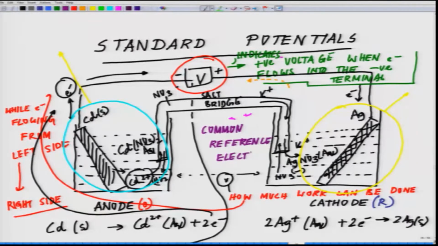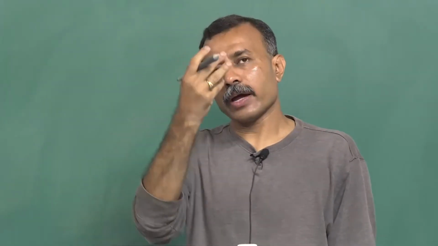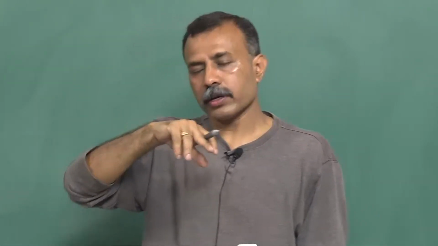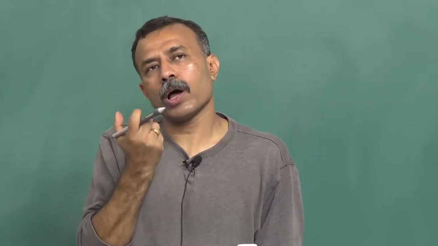That common reference electrode, with respect to this and with respect to this, will give me the value by virtue of which I can say that cadmium can lose electron with much higher ability as compared to silver, or the reverse statement, silver can accept electron at a much higher ability.